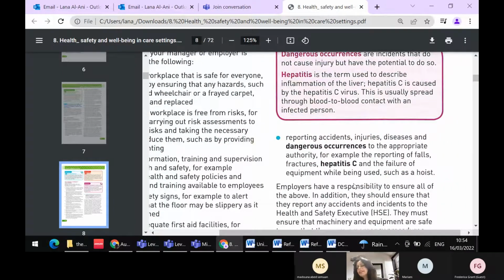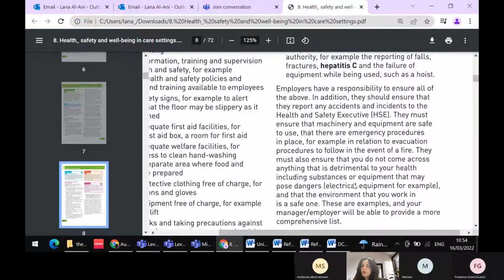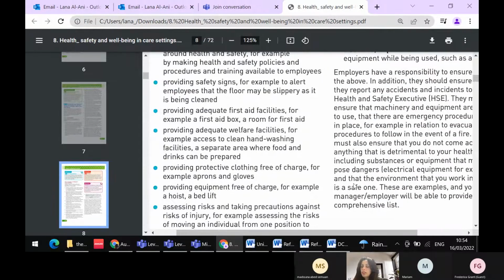So if there is any accident or injury or disease that happened in the workplace, in the care home, it should be reported to the professional organization. You need to report it properly to the authority. Yeah. So this is for the employers.